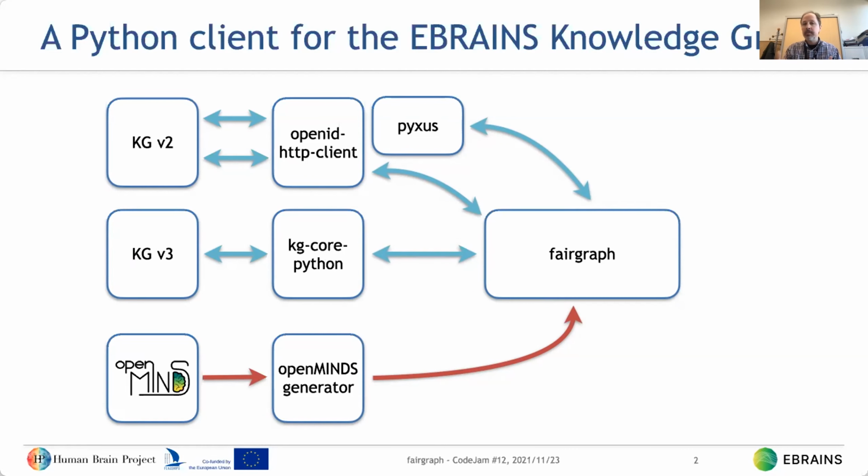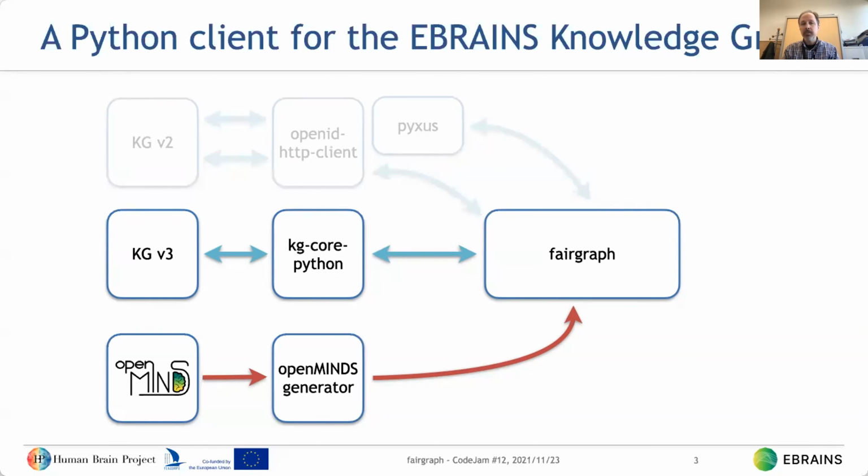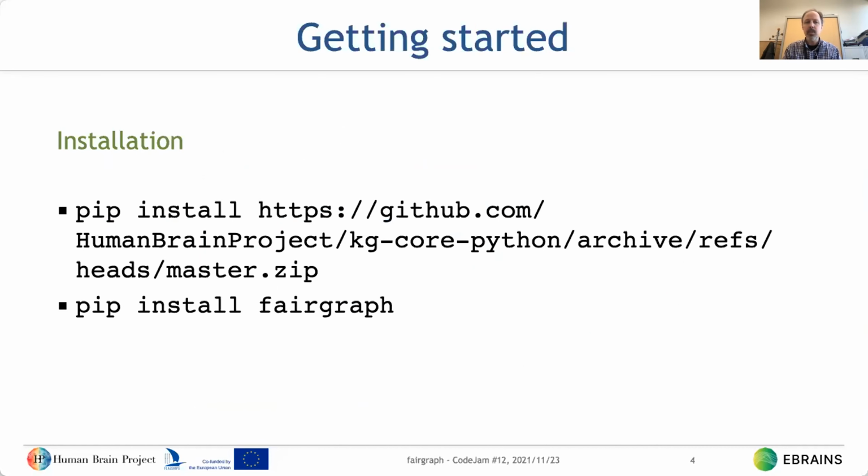At the moment, this is useful for curators, for example, who can use this kind of double capability to migrate data from version 2 to version 3. But very soon, in the next few months, knowledge graph migration will be complete. Knowledge graph version 2 will be switched off, and so these parts will be removed from Fairgraph. So essentially, it's a combination of openMINDS and knowledge graph access.